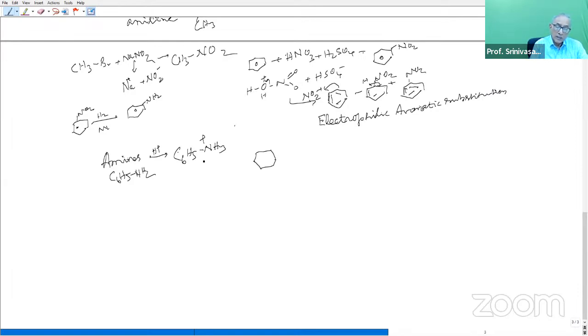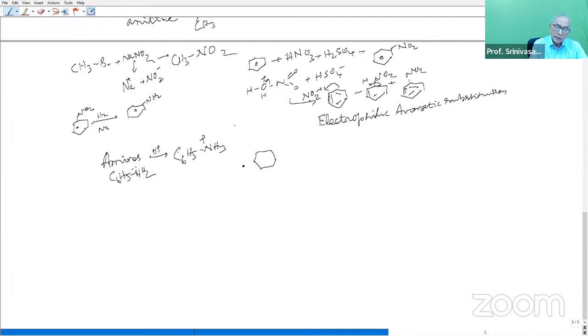Actually, the basicity of the amine depends upon the availability of the lone pair of electrons. If the lone pair is more available, it will become a stronger base. If the lone pair is pushed away from the nitrogen atom, the basicity will be lower.